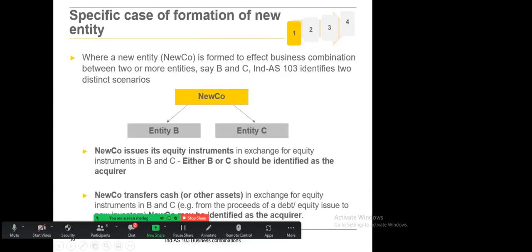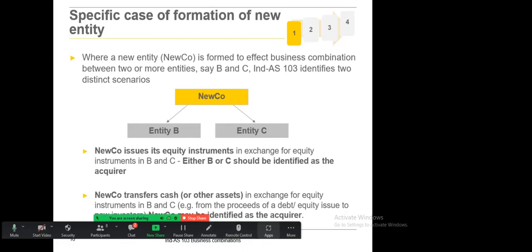Now let us understand this with the help of an example where a new entity, a new company, is formed to effect the business combination between two or more entities, say B and C. So B and C have formed a new company. Ind AS 103 identifies two different scenarios. First, the new company issues its equity shares in exchange for equity instruments in B and C. Either B or C should be identified as the acquirer basis the percentage of the shares that they have got in the new company.